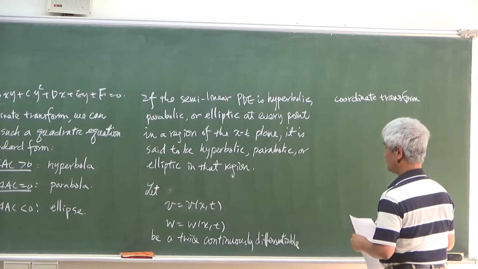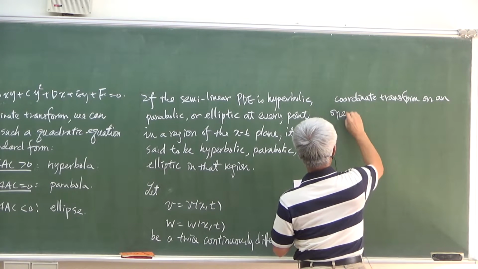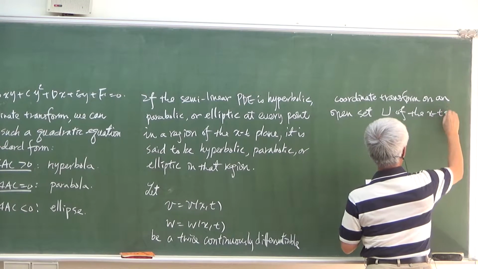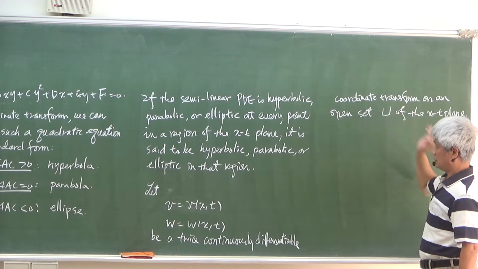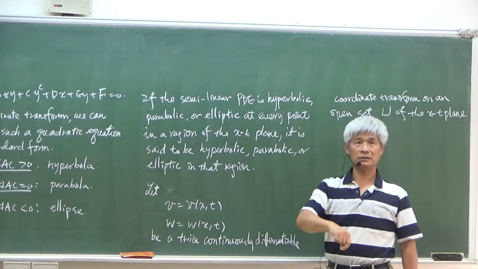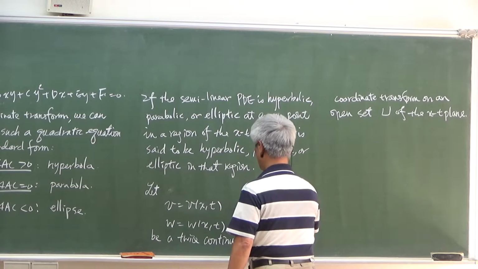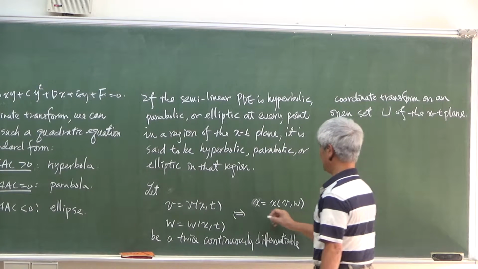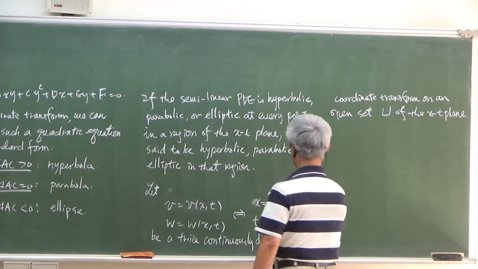Transform. Okay. On an open set U of the xt plane. To be a coordinate transform, of course, this transform has an inverse. So that means that x becomes a function of v and w, and t is also a function of v and w.